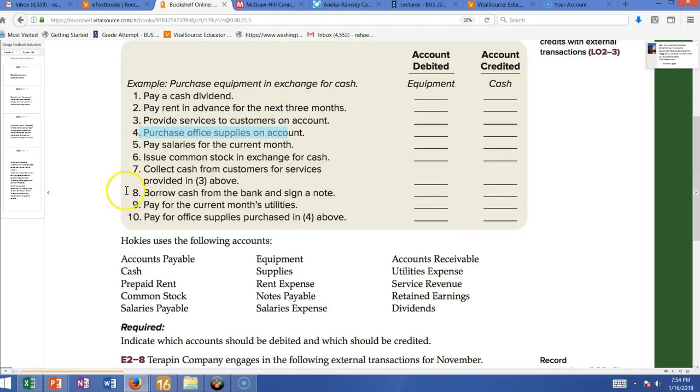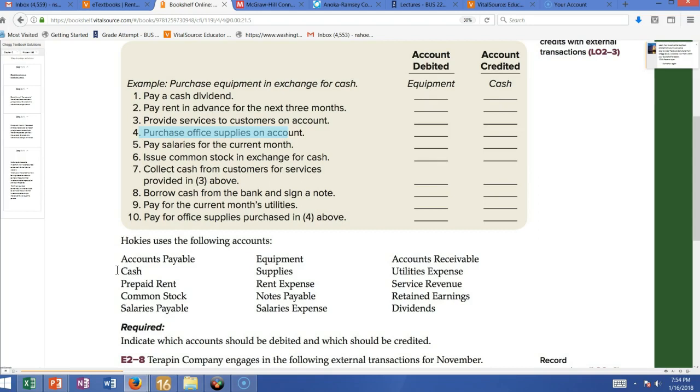Hoki uses the following accounts. They have cash, that's good. So when we pay a dividend, we know cash is affected here, and what other account is going to be affected? Dividends. Okay?